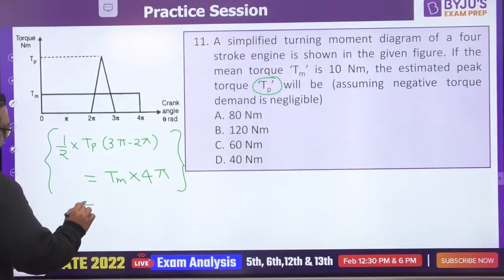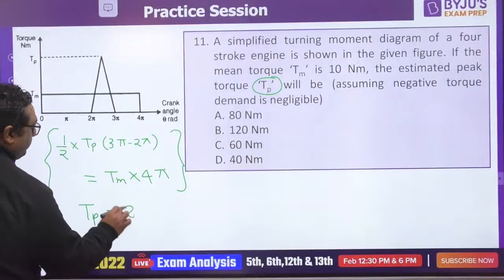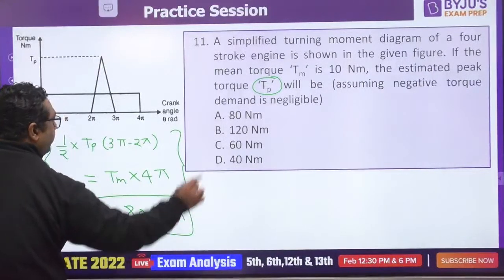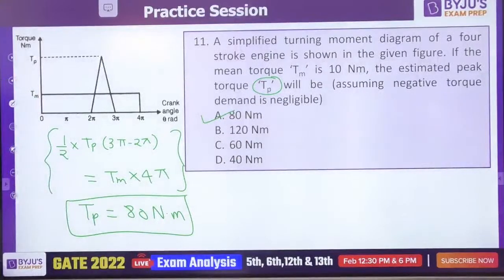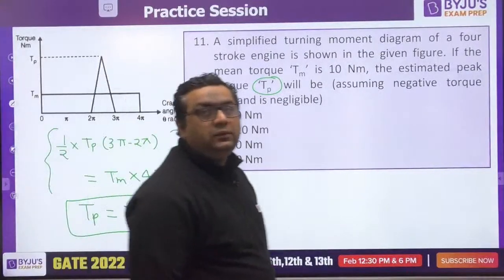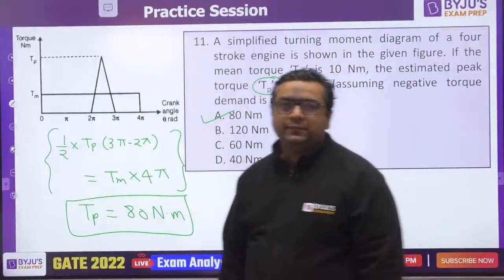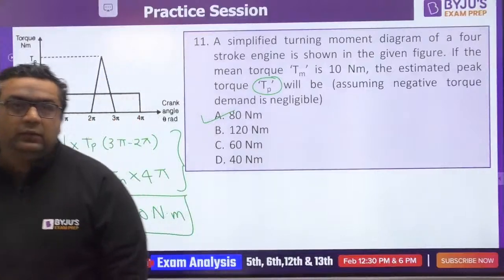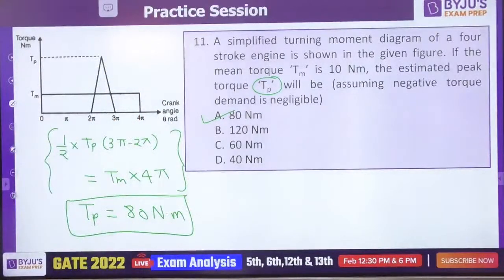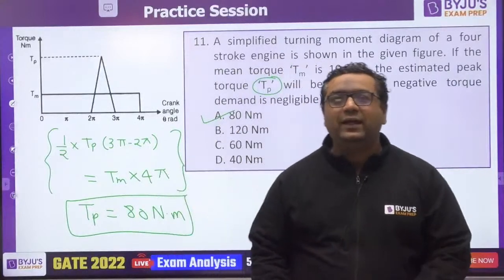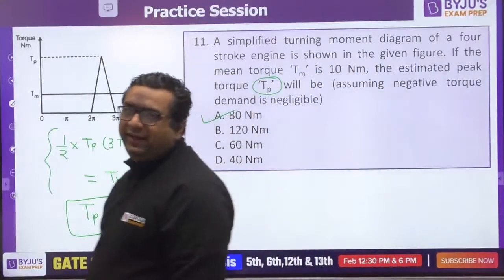When you solve, you will get TP to be 80 Newton meter. A is the correct answer. Is it clear, guys? D will not be the answer, A would be the answer. We have just equated the area only.